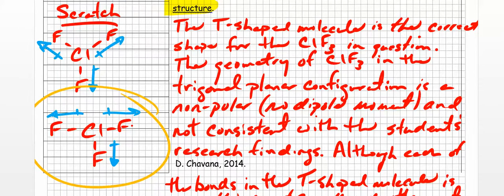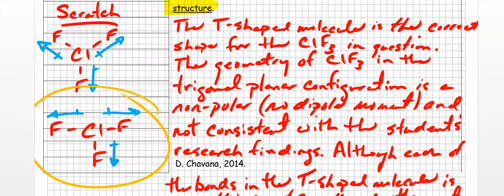Notice how I put the word research in because they use the word research. The trigonal planar configuration, that's this one on top, is non-polar, no dipole moment, and not consistent with the student's research findings.